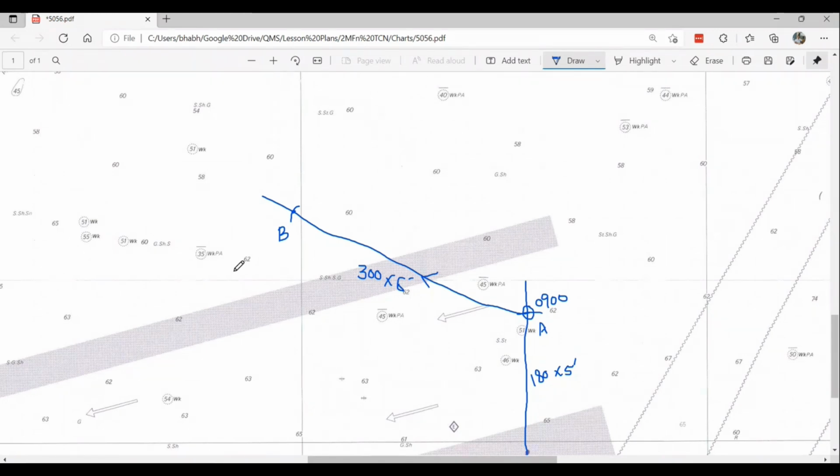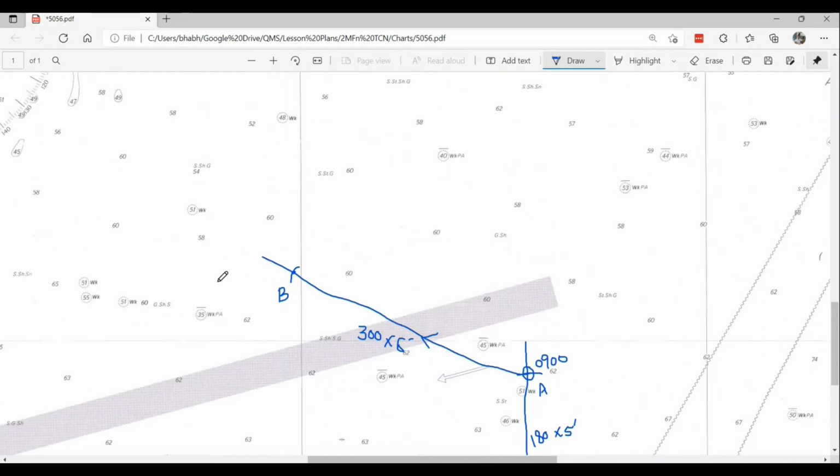And at 10:30 hours, the vessel alters course to 050 and the speed is 10 knots. So from 9:30 to 10:30, I don't know my course, so I'm going to leave that out.